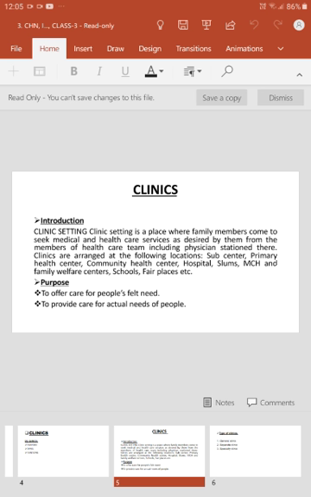Who needs the care for an actual problem? If they have any health issues, that is a needed care, so they will visit the clinic and get the appropriate treatment and health education from the particular healthcare personnel.